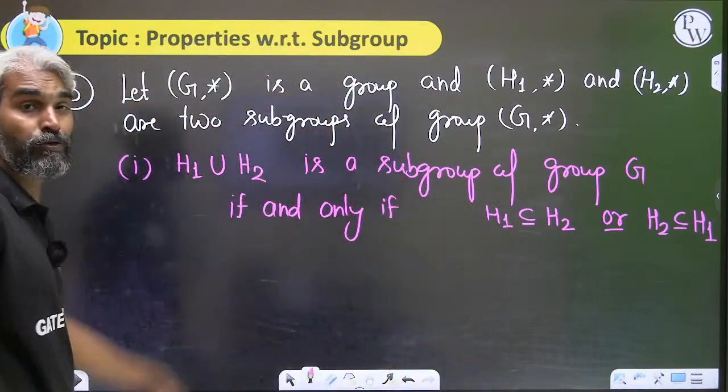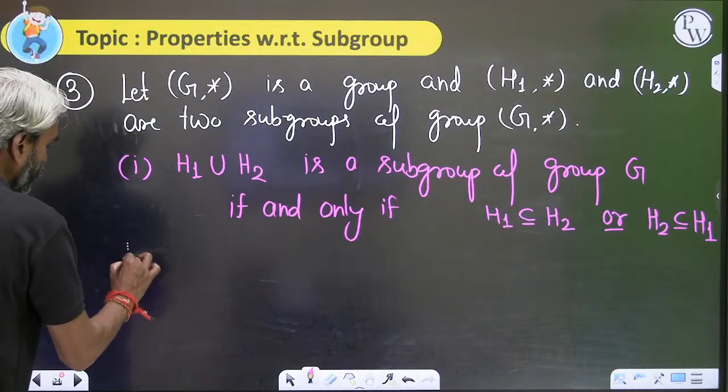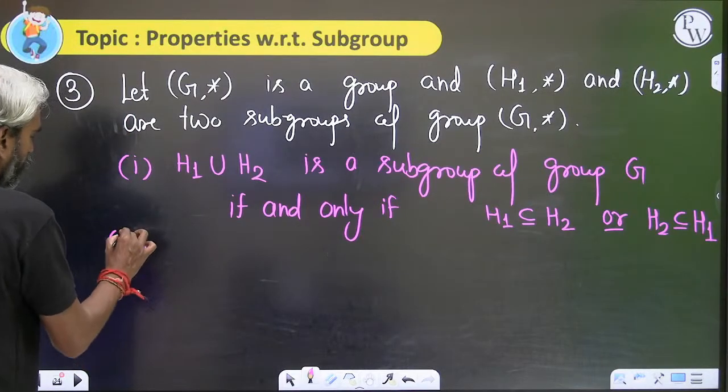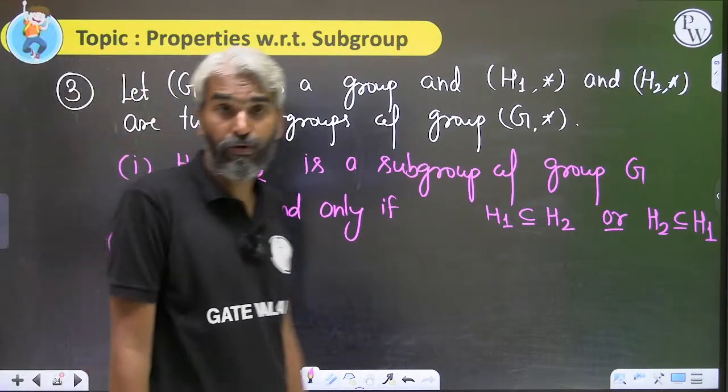But this is with respect to union only. What will be the case with respect to intersection?